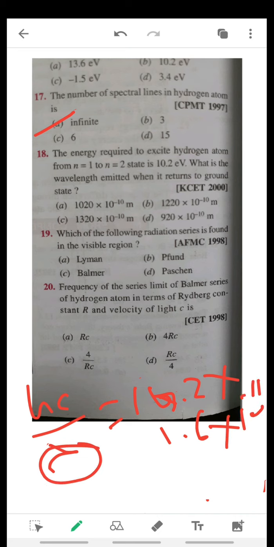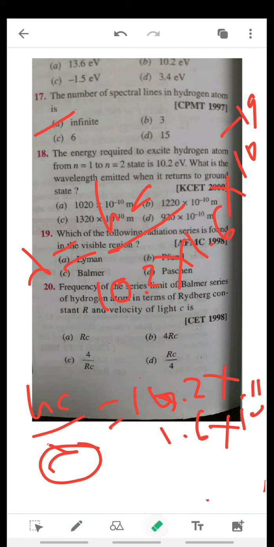Electron volt means 1.6 into 10 raised to minus 19 joule. Now our aim is to calculate lambda. Lambda equals hc divided by 10.2 into 1.6 into 10 raised to minus 19.